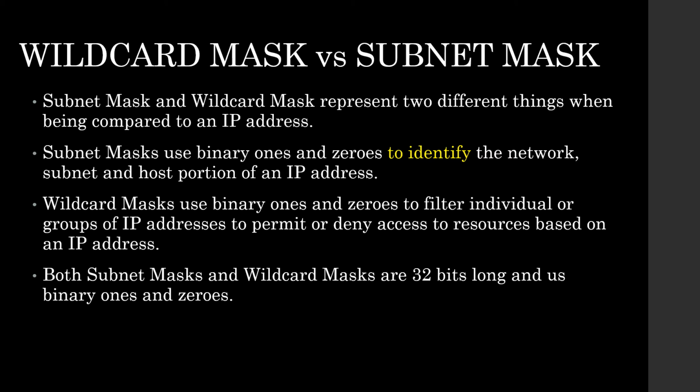Subnet masks use binary ones and zeros to identify the network, subnet, and host portion of an IP address, while wildcard masks filter individual or groups of IP addresses to permit or deny access to resources based on an IP address. Both masks are 32 bits long and use binary ones and zeros.